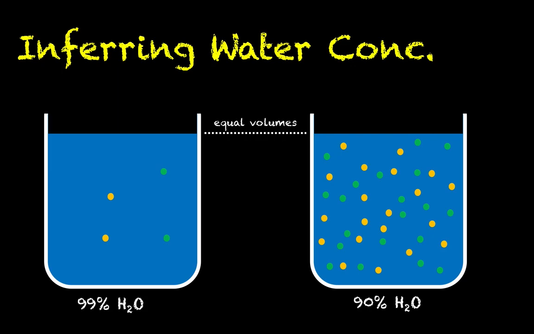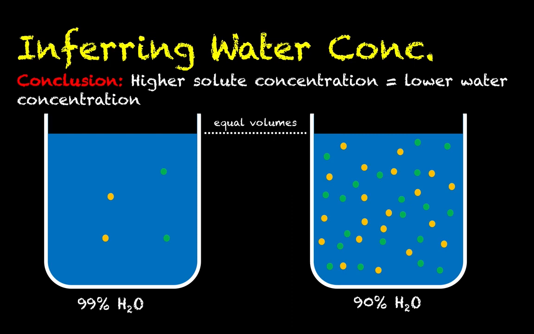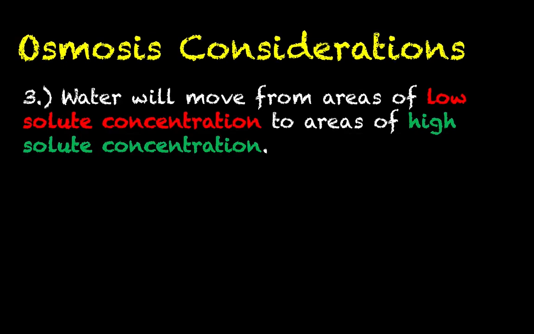So clearly in this case, the leftmost container has a higher concentration of water compared to the rightmost container. Our conclusion from this little thought experiment is that higher solute concentrations are going to mean lower water concentrations. So because we are not going to be directly told what the water concentration is, we need to infer the water concentration from looking at solute concentration.